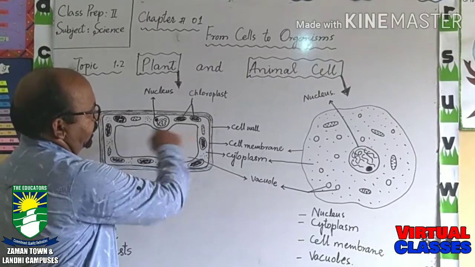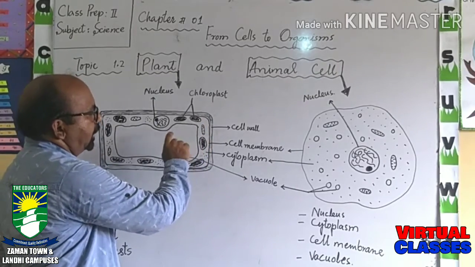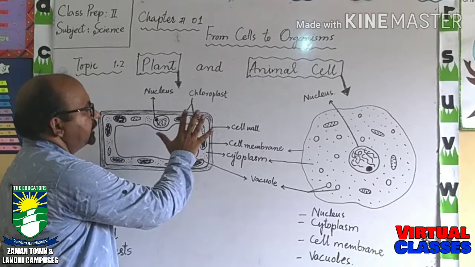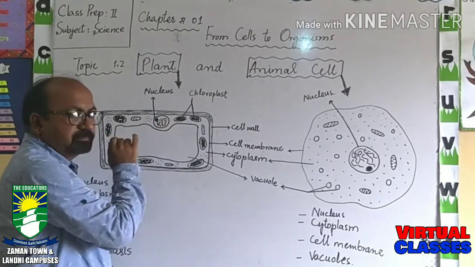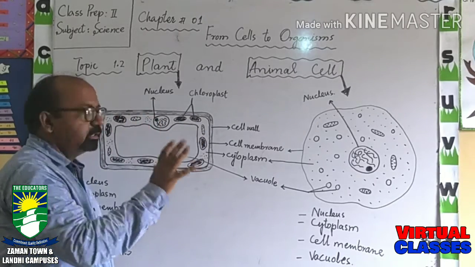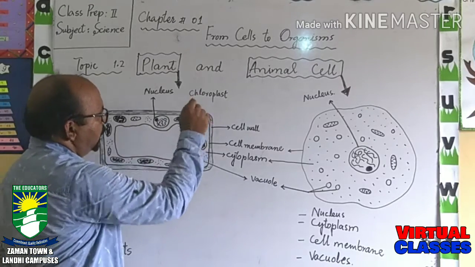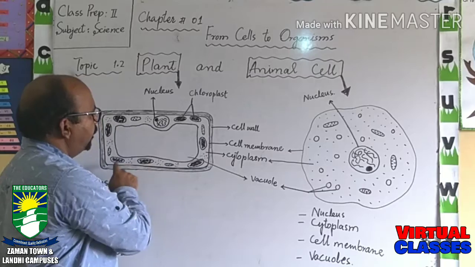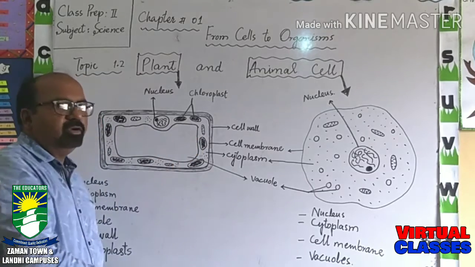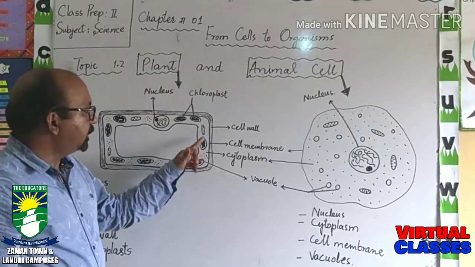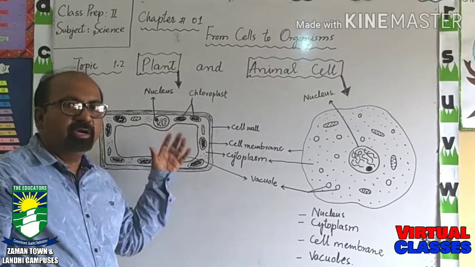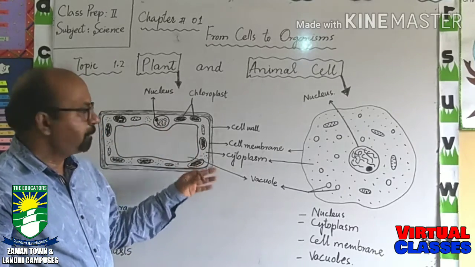After the cell membrane, all the parts except the nucleus, in which there are the vacuole, the chloroplast, different ribosomes and mitochondria, these are not mentioned in the book, but these are the organelles of the cell.